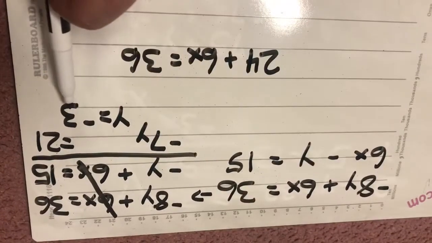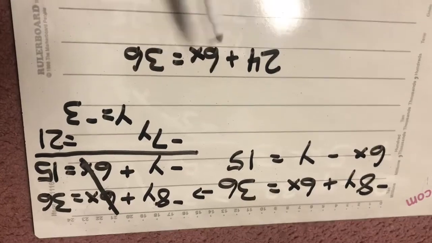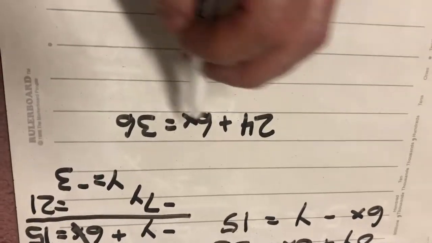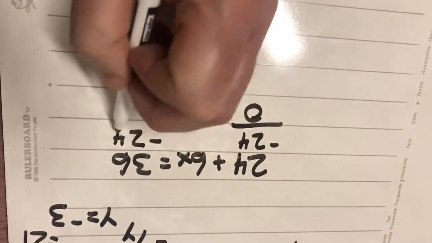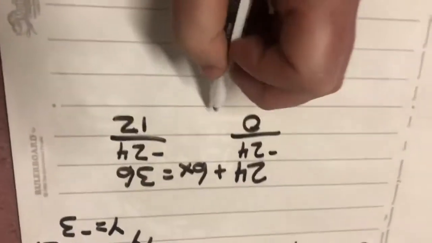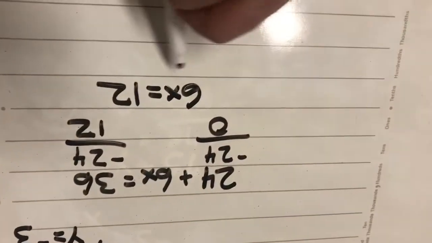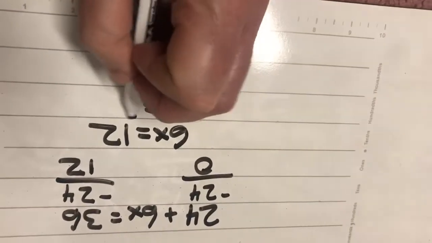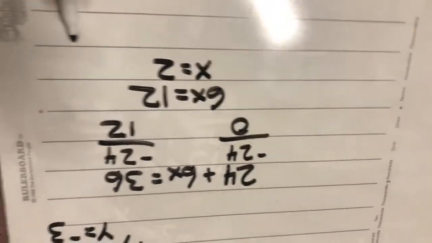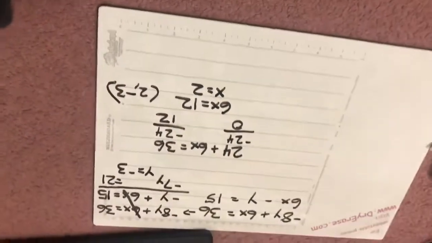To solve for x and isolate it, I'm going to have to subtract 24 from both sides. 36 minus 24 is 12, and that's going to leave me with 6x equals 12. If 6x equals 12, I'm going to do 12 divided by 6, and that's going to be 2. So that tells me that x equals 2. And my intersection point is going to be 2, negative 3 for those two lines.